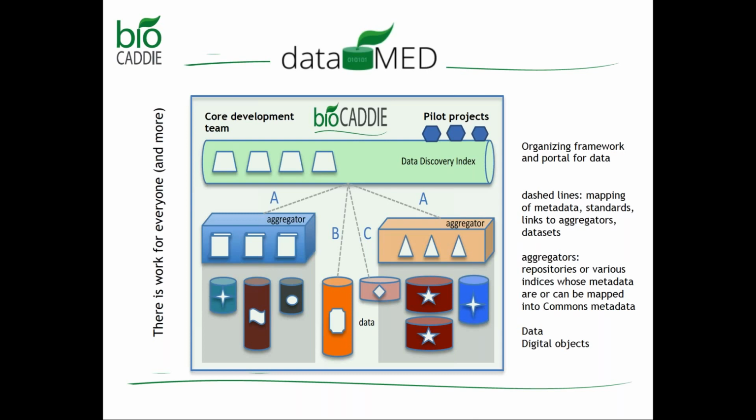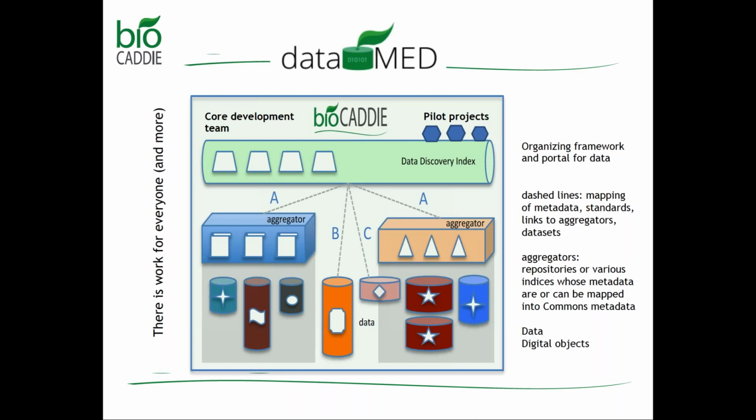But what's important is that the data and the objects get indexed in such a way that these search engines can find them. Additionally, we want pilot projects from other institutions to be integrated into the data discovery index so people can develop different portions of this DDI, and together we get much further than we would otherwise.